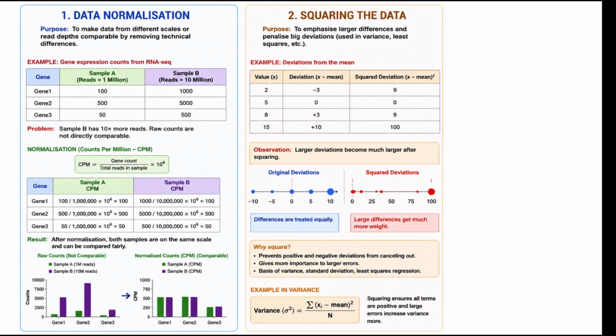So the data normalization process is a very important process. Whenever we have sequence data, we normalize it to avoid technical noise or unnecessary noise, other than the biological difference between the samples.